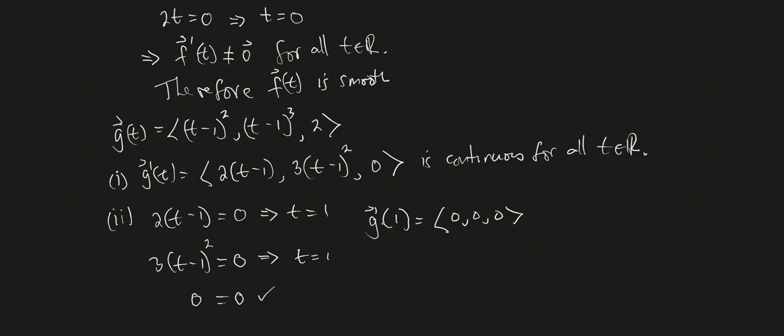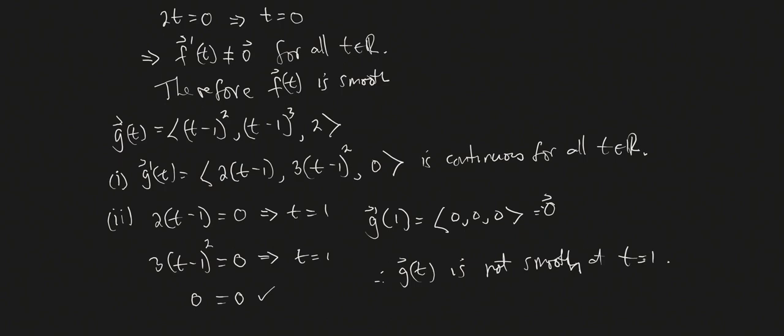Therefore, it's smooth for all other values of t, but not at t equals 1. So g of t is not smooth at t equals 1.